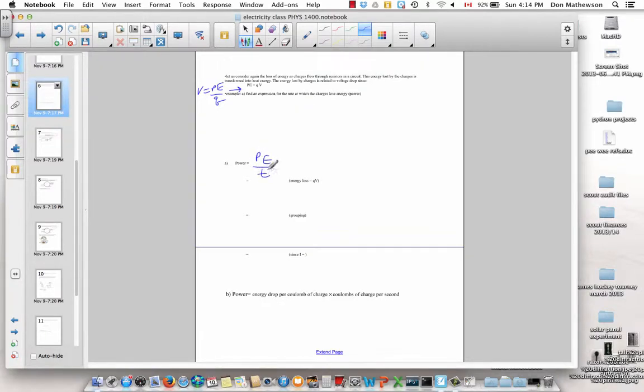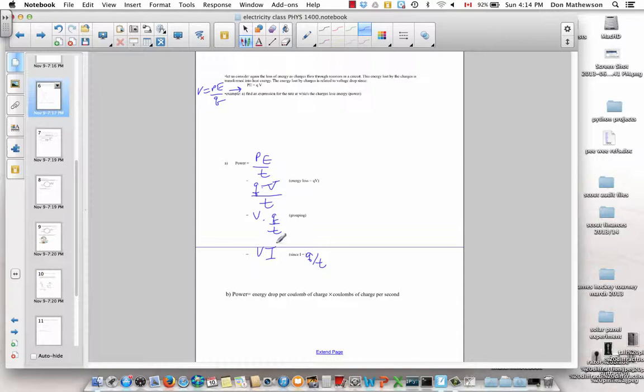We're just saying that this energy is charge times voltage, divided by time. If we rearrange that a little bit, I'm going to write it as voltage times charge over time. And charge over time is, of course, our definition of current. So we find that electric power is the product of voltage and current.